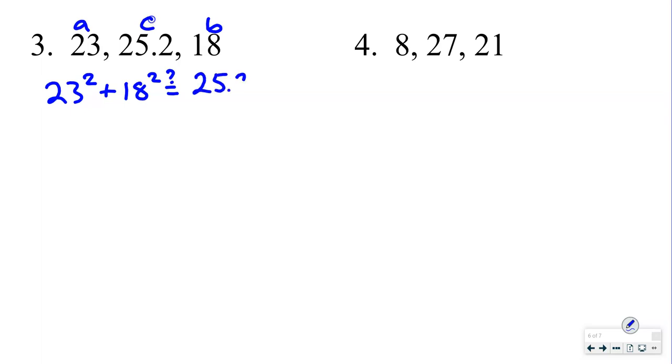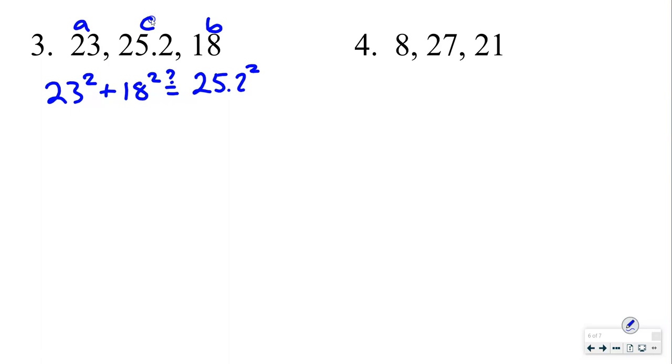Next, we have 23, 25.2, and 18. 25.2 is our longest side. And we have 23 and 18. So I have 23 squared plus 18 squared. And we don't know if it's equal, but I'm going to set it up as if it is 25.2 squared.